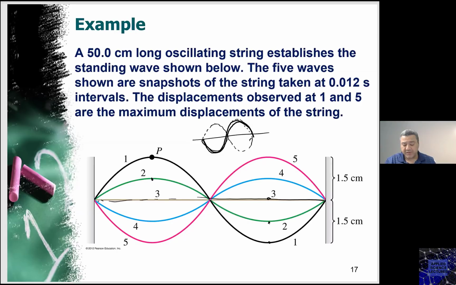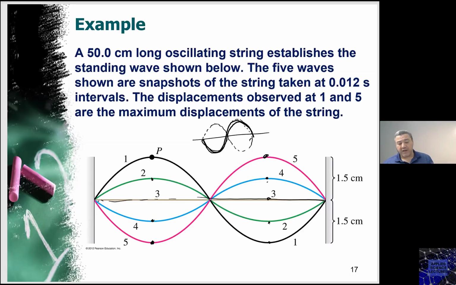And then what happens? They shift, and this shift results in this peak now switching, becoming positive. This one is going negative till it reaches the maximum negative, and here maximum positive.